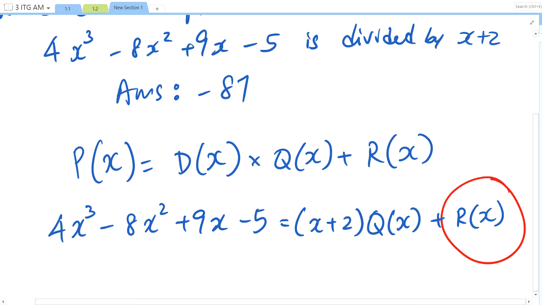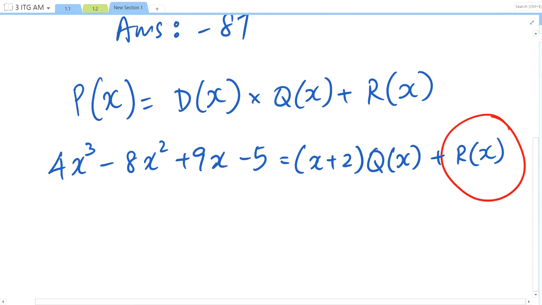Okay, this is where the magic happens. I only want Rx. What do I want to get rid of? I want to get rid of everything else. I want to get rid of x plus 2, I want to get rid of Qx. I only want Rx, which is my remainder. Can you give me a value of x to substitute inside? 0? Think about it. If you let x be equal to 0, what happens over here? 0 plus 2 is 2, right? 2 times the quotient, do you know what that is?